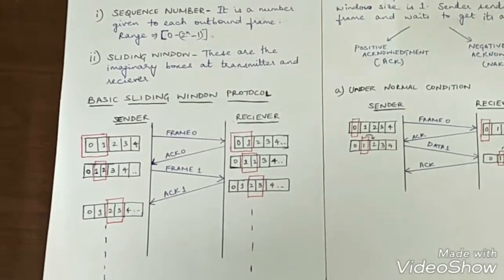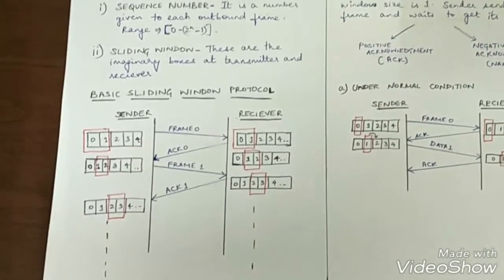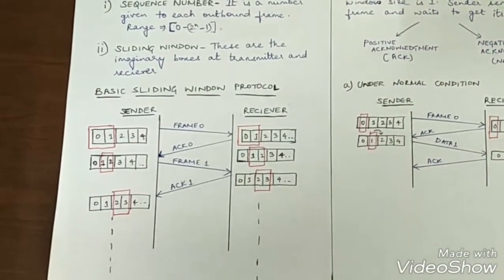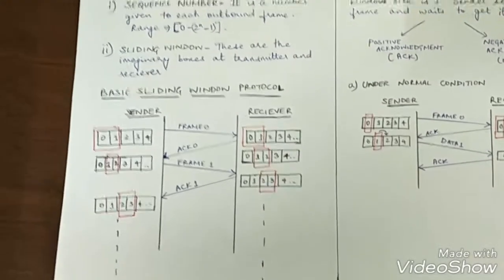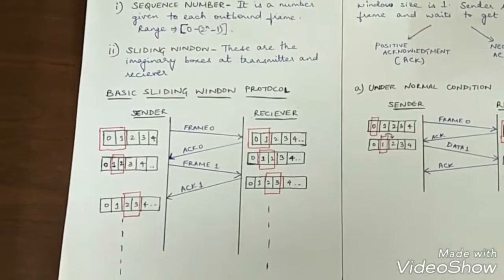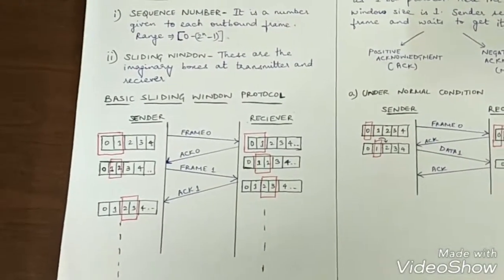It means that at this particular position and time, the receiver will accept either 0 or 1 and frames 2, 3, 4 are discarded. So whenever an acknowledgement for each frame is received, the sliding window will move in the right direction.